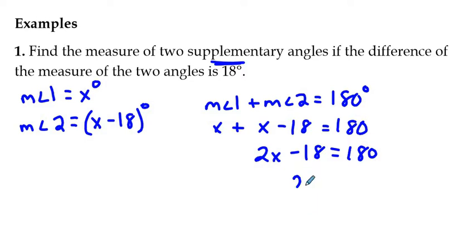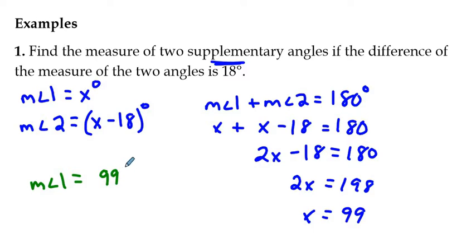And let's solve this equation. We get 2x equals 198. Divide by 2. And you get x to be 99. So if we substitute back in here, the measure of angle 1 is x degrees, which is 99 degrees.